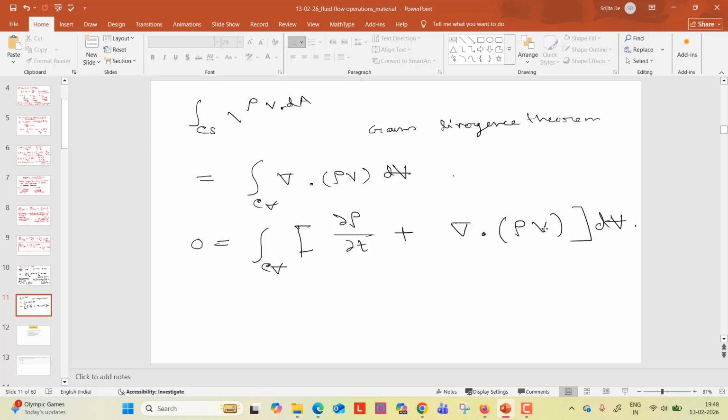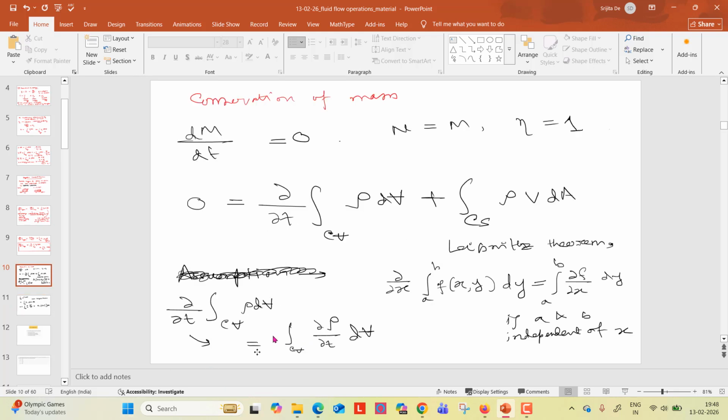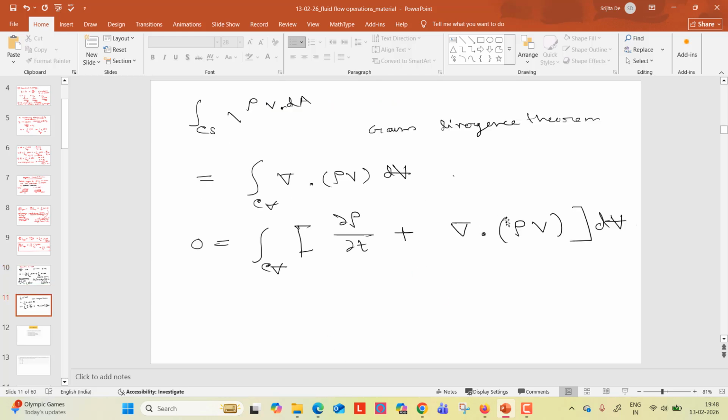If you combine these two, you know. So this is the del rho by del t dV and this is the divergence of rho V dV. So now this will come as del rho by del t plus divergence of rho V equals 0.